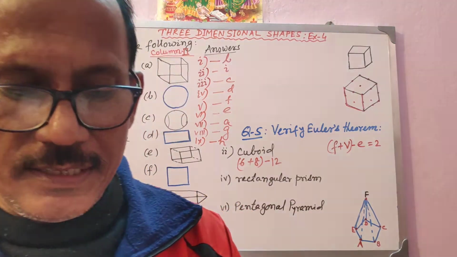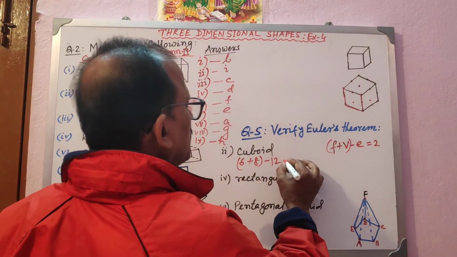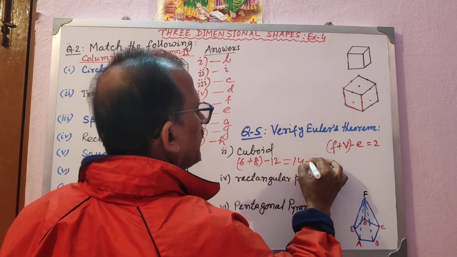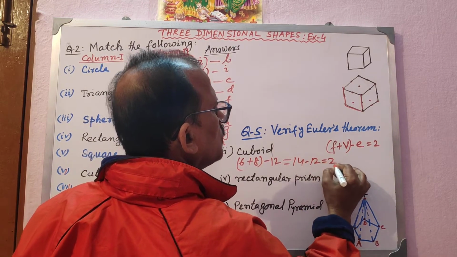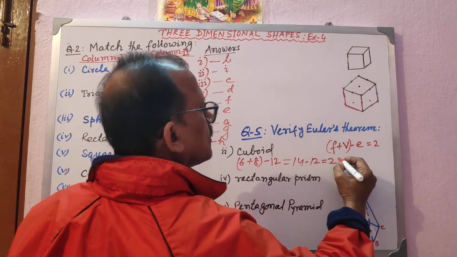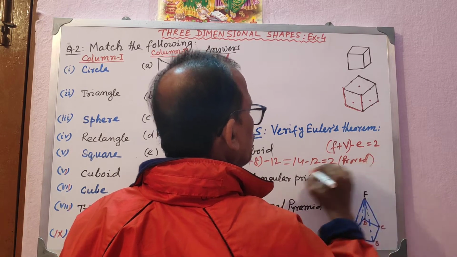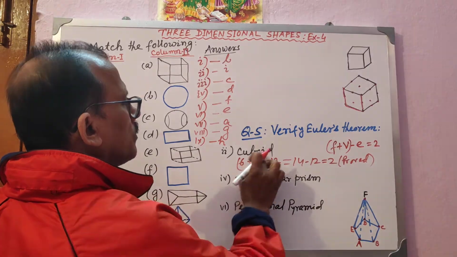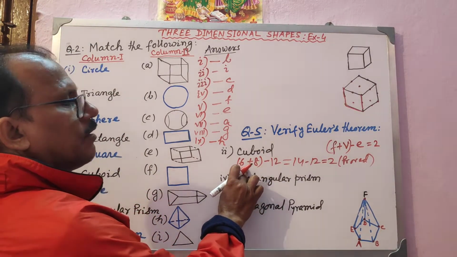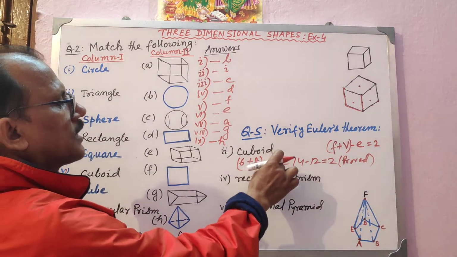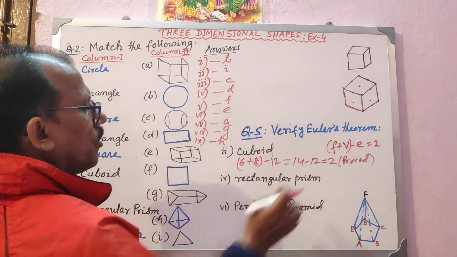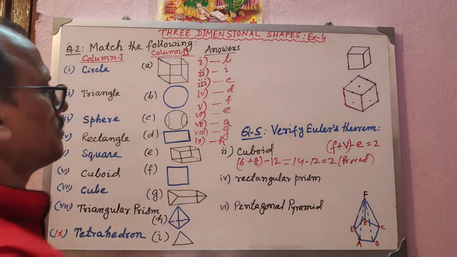So it will have 12 edges. So if you just solve it, it will be 14 minus 12 is equal to 2. Proved. Euler's theorem proved, because you add faces and vertices and subtract edges, you will find 2. You got 2.